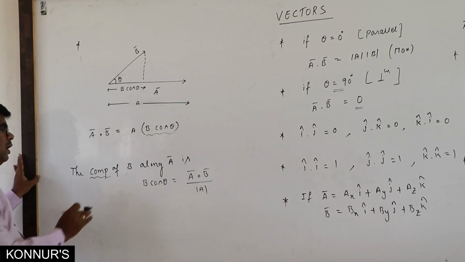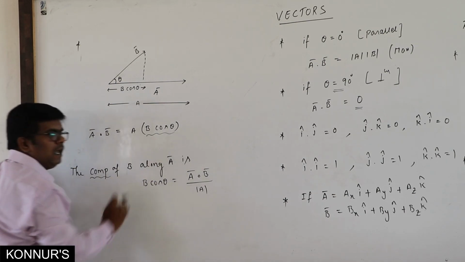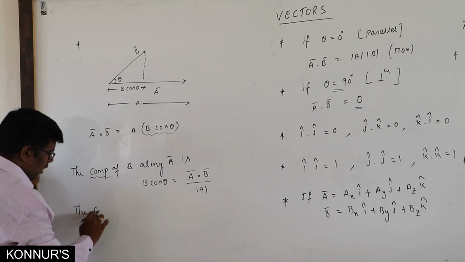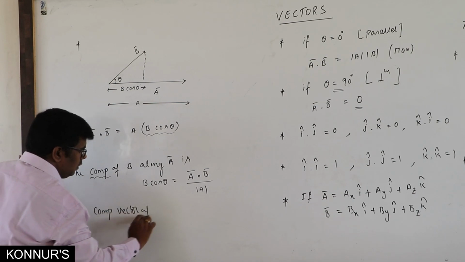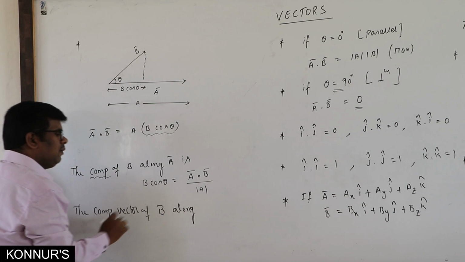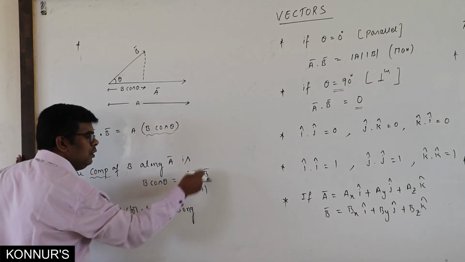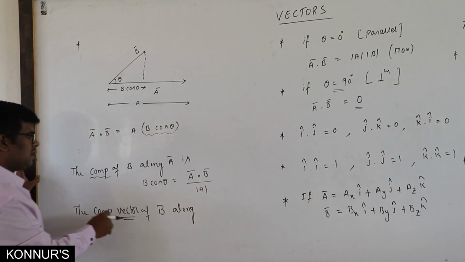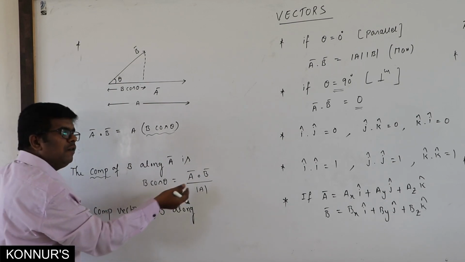But if they ask for the component vector of b along a bar, what is the difference here? They are asking for a vector, and a vector has magnitude, so we should mention the direction also. Which direction do we want? Along a, which means we have to take the unit vector of a.